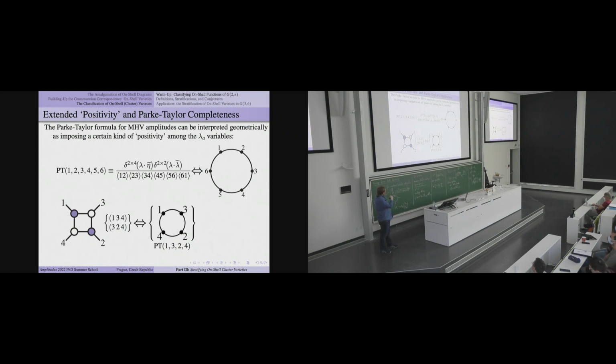And so this pair of weaker constraints, because they're only talking about 3 points at a time, has a unique configuration, which is that all 4 are cyclically ordered. And so we just write down this triple is equal to Parke-Taylor 1, 3, 2, 4.